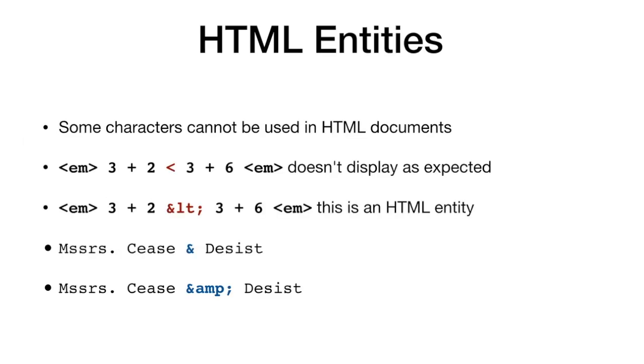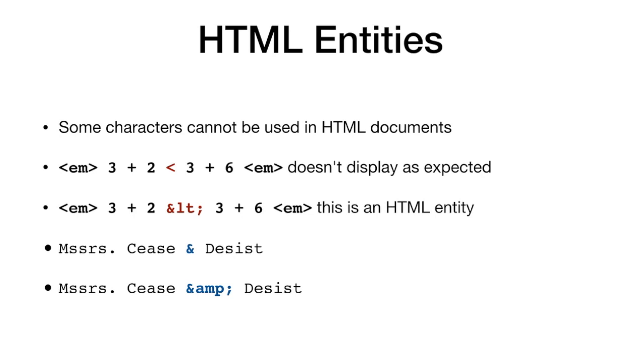Now, some characters can't be used in HTML documents. Okay, so this is something if you were doing a full module in HTML, we would look at in detail, but we're just going to look at it briefly here. So, as you can imagine, because we use this less than sign here as an open bracket and this greater than sign here as a closing bracket for HTML tags, it's not surprising that if you want to use less than in a sentence or in the text, you run into difficulties.